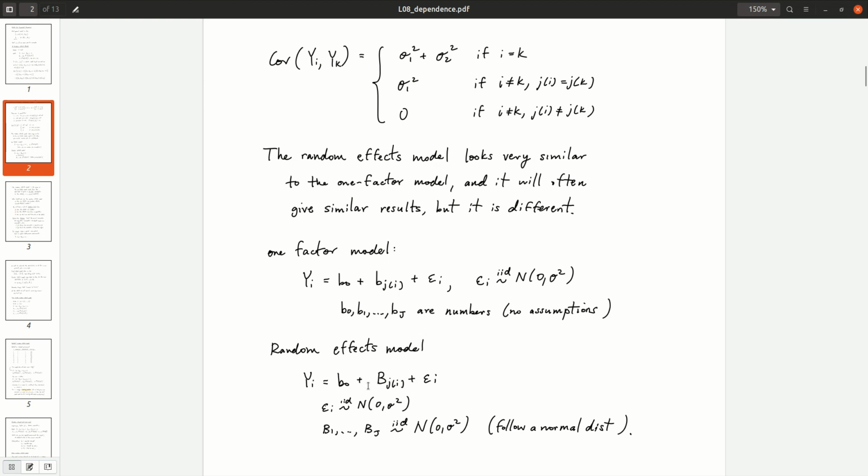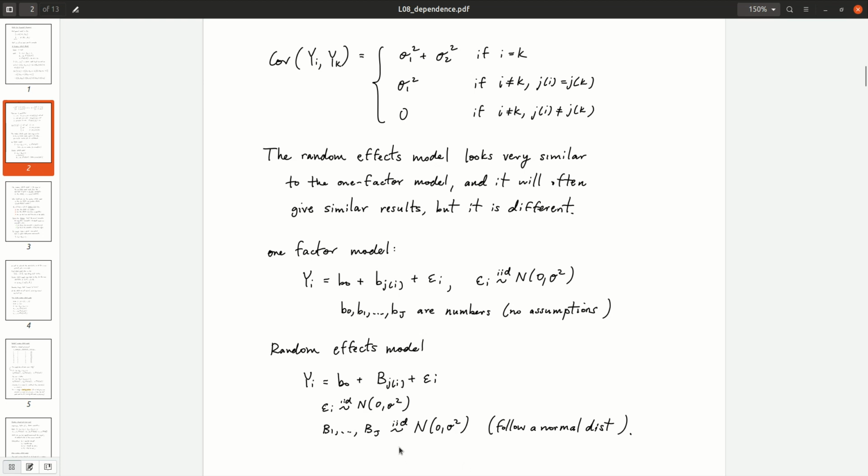In the random effects model, we make the same assumption about the errors, and this is a typo here. This should say sigma sub 2 versus sigma sub 1. These are two different variances here.